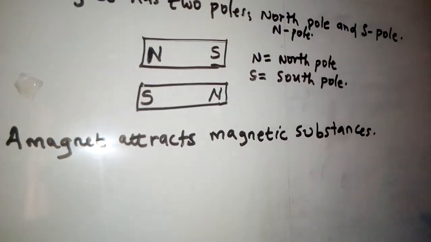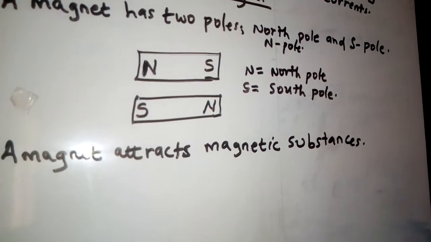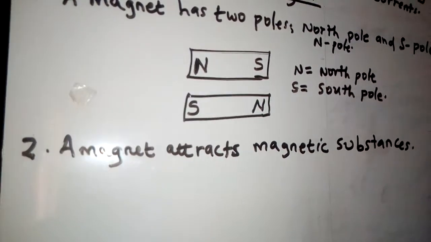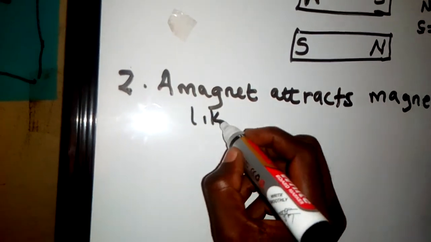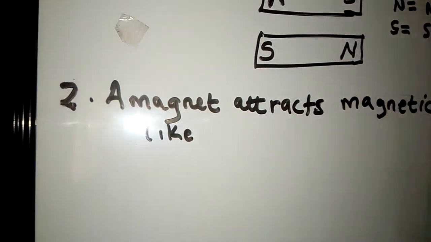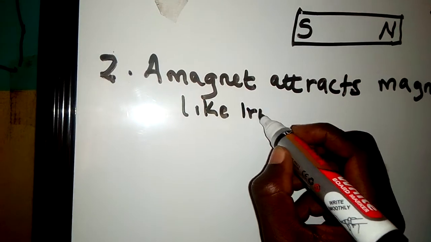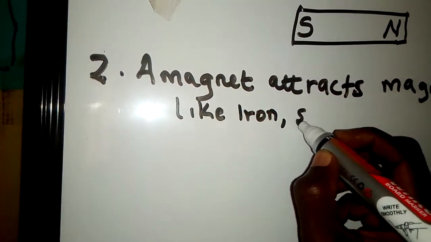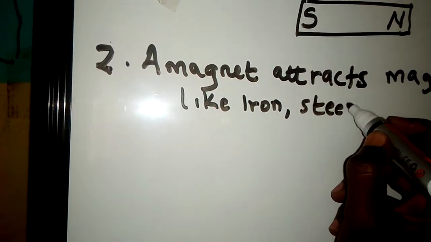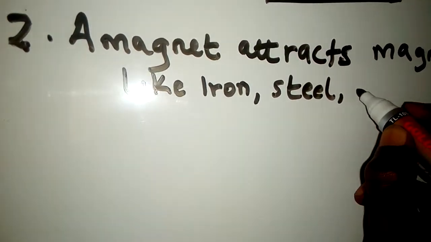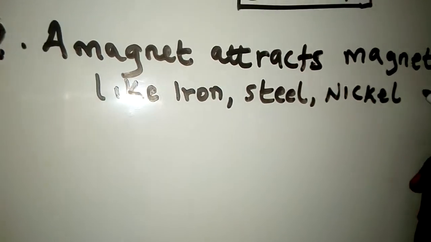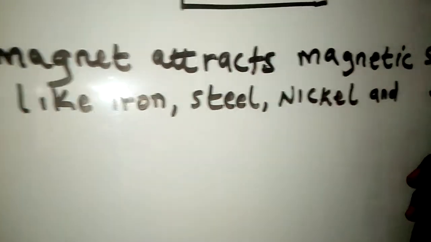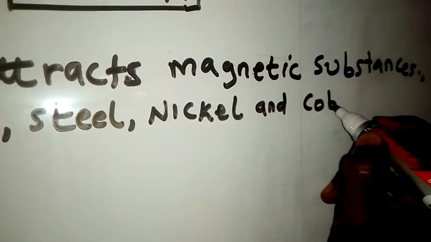attracts magnetic substances. And we have already given examples of those magnetic substances. We have iron, we have steel, we have nickel, and we have cobalt.